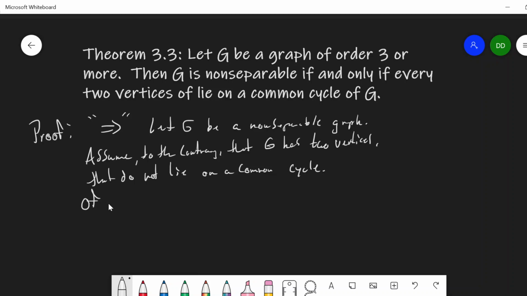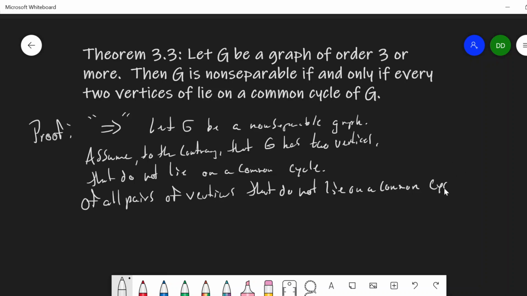So of all pairs of vertices that do not lie on a common cycle, again, there could be more than 1 pair, choose a pair U and V such that the distance from U to V is minimum.